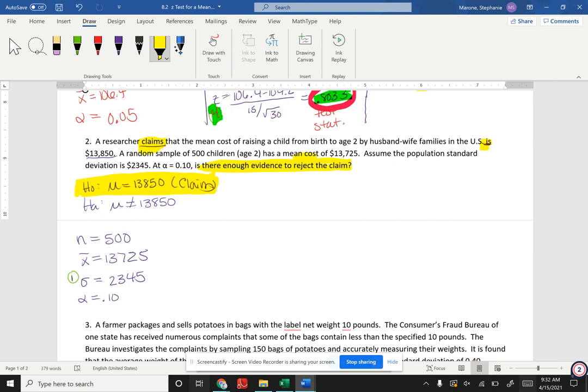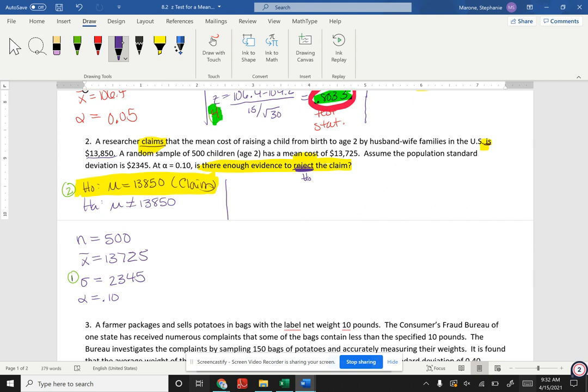If it had the word support in there, then the alternate hypothesis would be the claim. But since it says reject, the null hypothesis has to be the claim. So that's steps 1 and 2. That's what we did before.